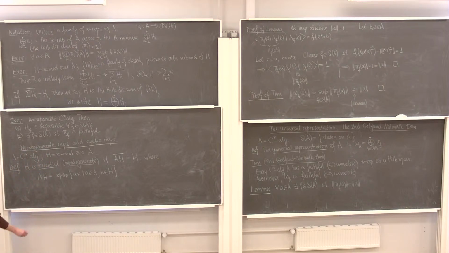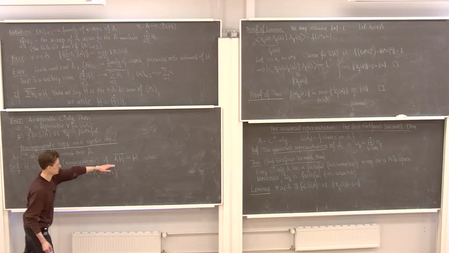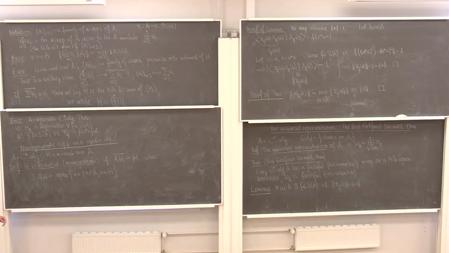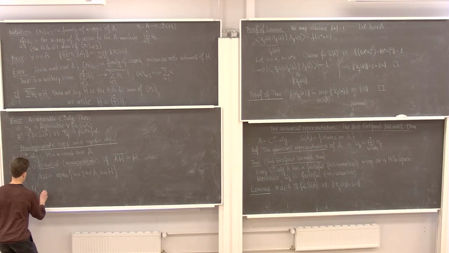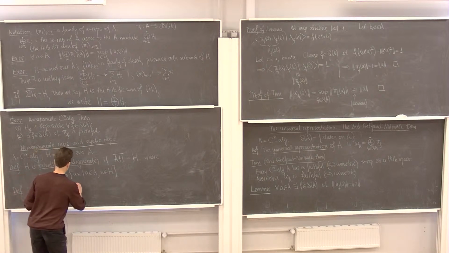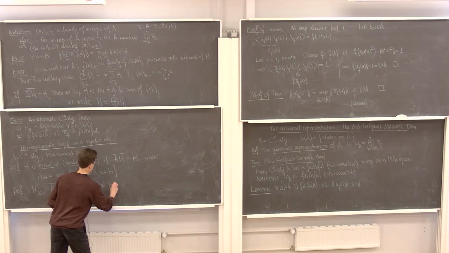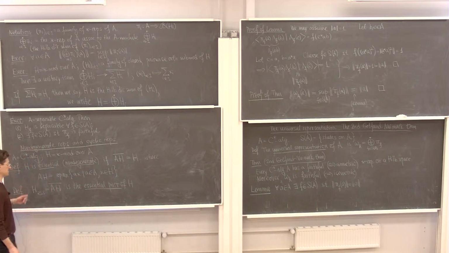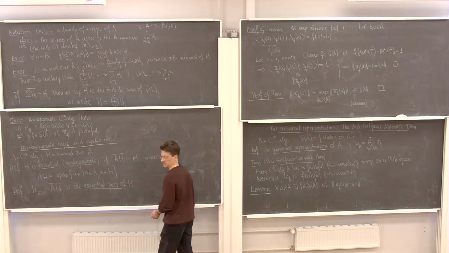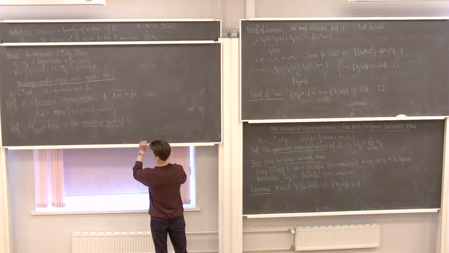In the general case, this submodule is a proper submodule, and it is called the essential part of H, or the essential submodule, and we denote it like this. So H is essential if and only if its essential part is equal to H.